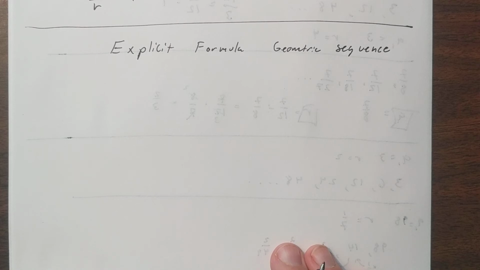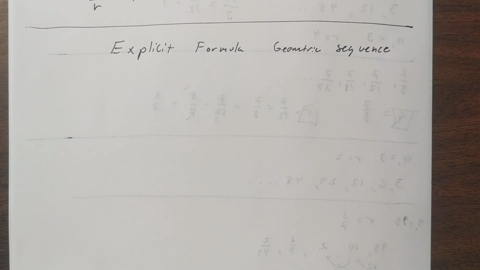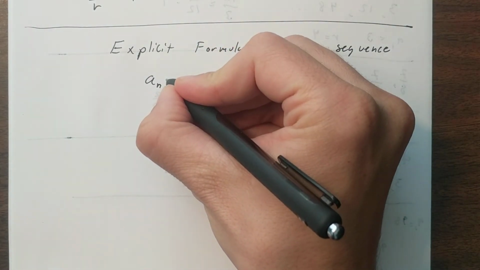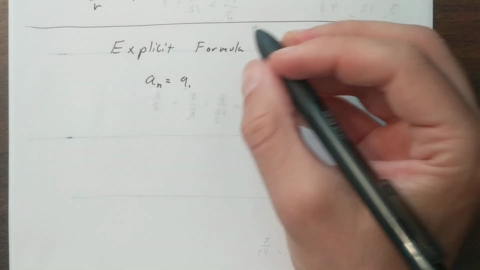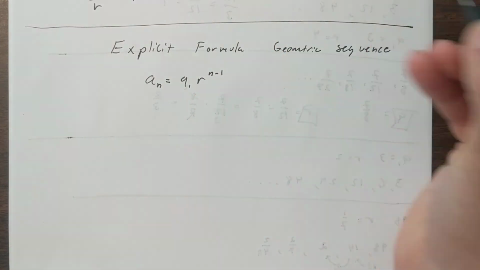What is the explicit formula for a geometric sequence? Well, you can find any term by simply taking the very first term and multiplying by the rate to the power of n minus 1.